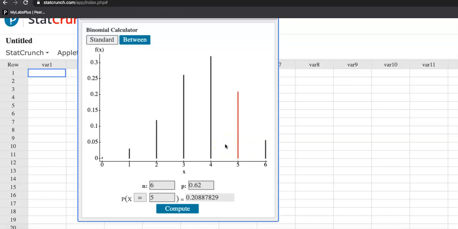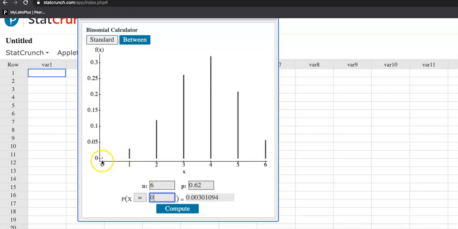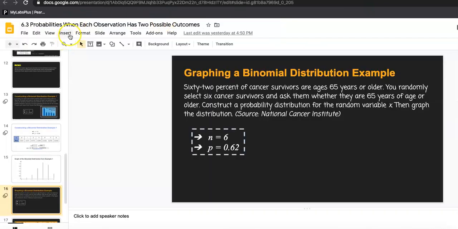If you take a look, this picture right here that I'm taking a screenshot of, this is the probability distribution graph, really. The 5 is highlighted in red because I just picked that, but I can just put a 0 and make that red highlight really, really small.